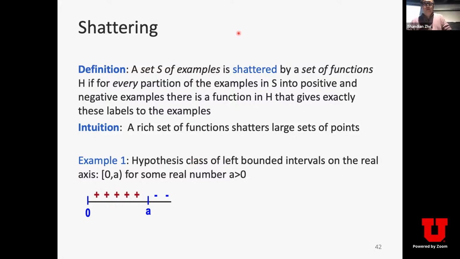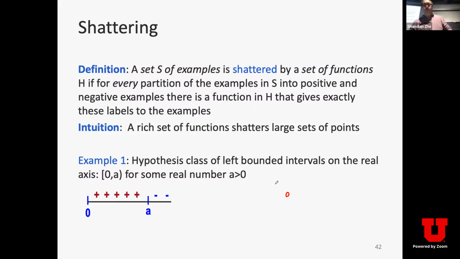We just leverage the original definition. Shattering means that I need to enumerate all possible labelings on the set of points. Here with a single point, we only have two possible labels.